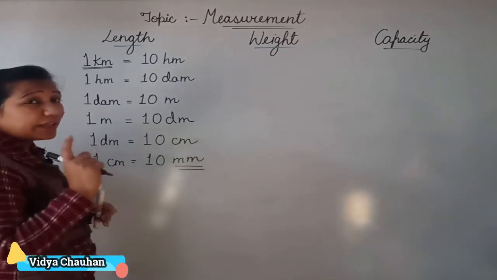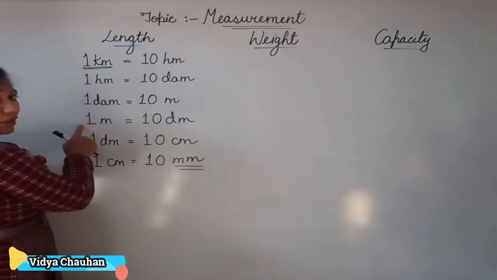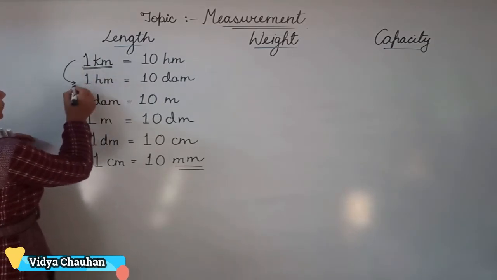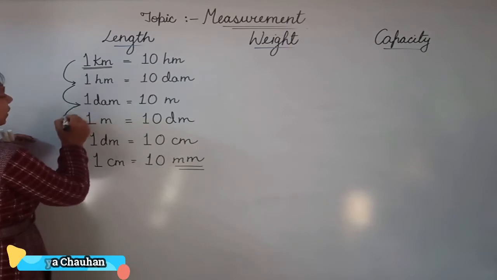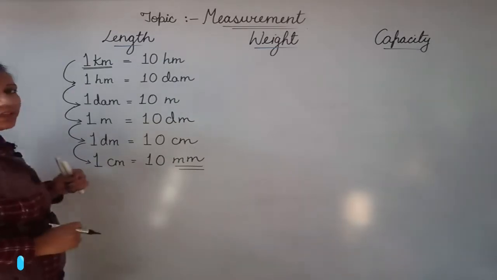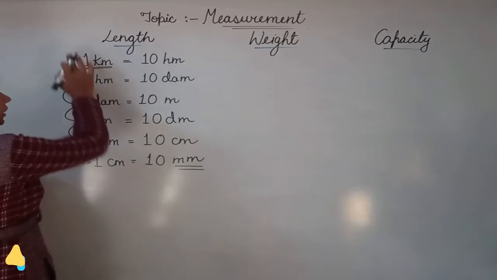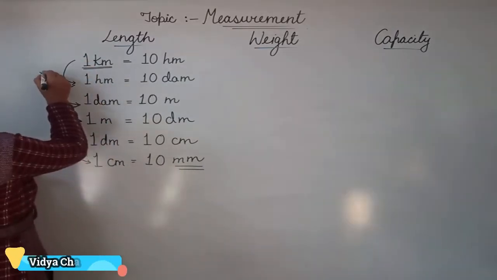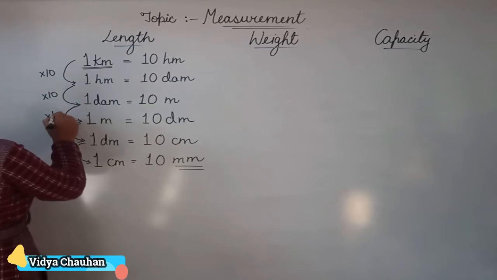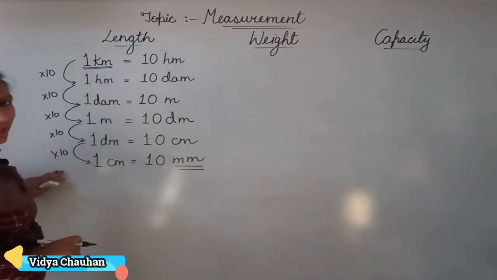Now, if you have to do any such conversion, as I have explained earlier, whenever we have to convert a bigger unit to a smaller unit, that means kilometers to hectometer, hectometer to decameter, decameter to meter, meter to decimeter, or decimeter to centimeter, going from top to bottom, every time we multiply by 10 at every step.